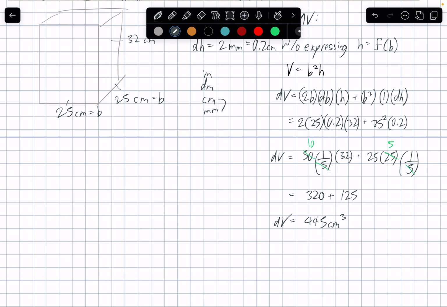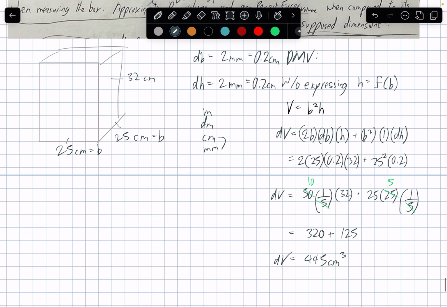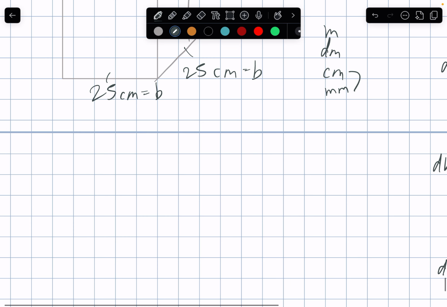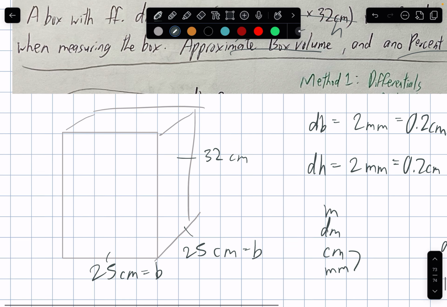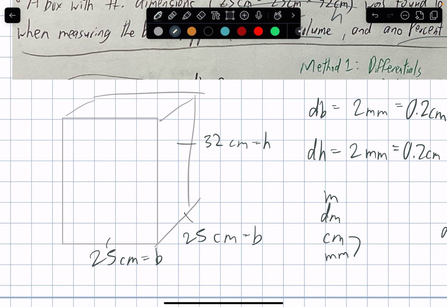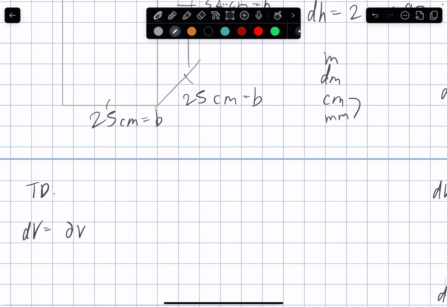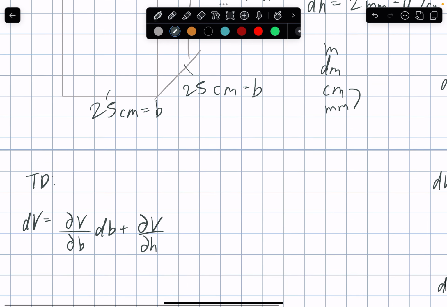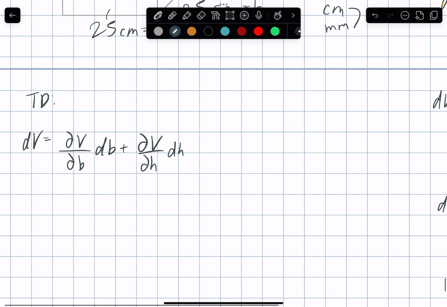Now, let's try to find the same value, this time using partial derivatives or total differentials. So dV is equal to, what variables do we have? Base and height, right? So the partial V over partial, let's say, base times dB, plus partial V over partial height, the other variable, times dH.